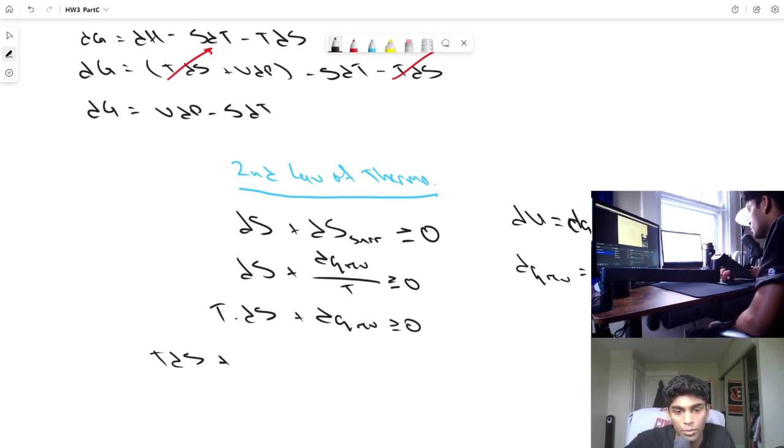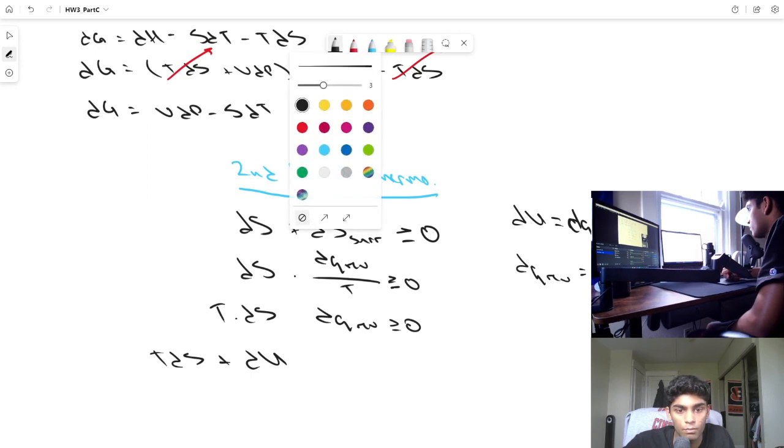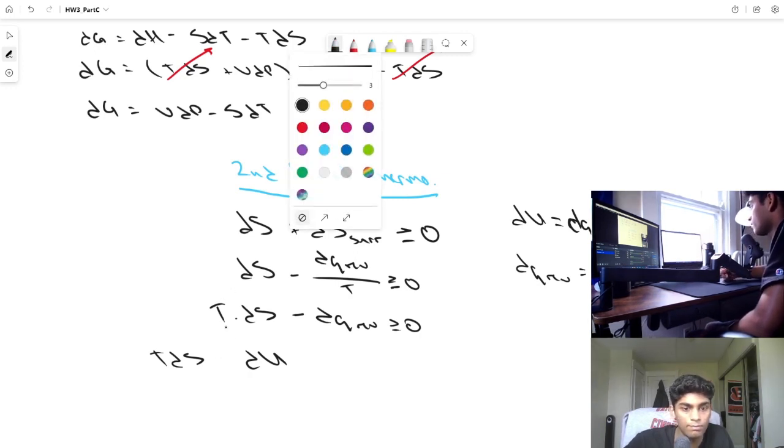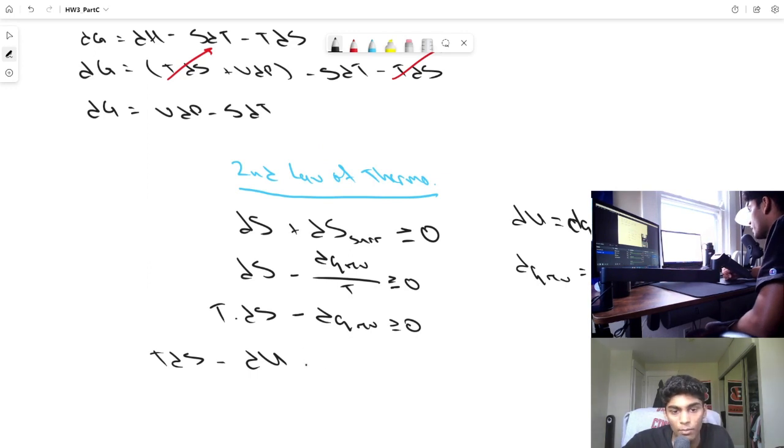TdS plus dU. Oh wait, sorry, there should be a minus here. TdS minus dU minus PdV greater than or equal to 0.